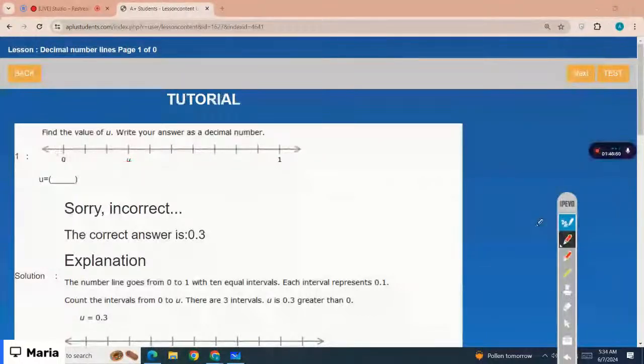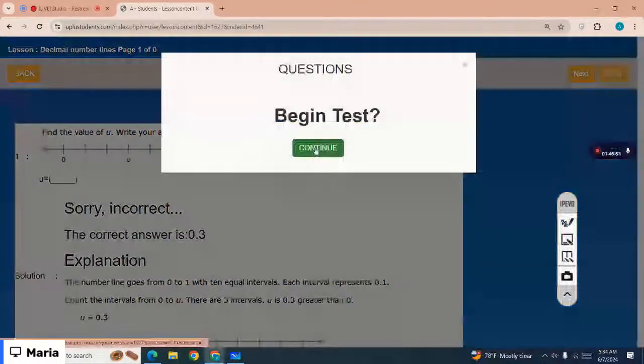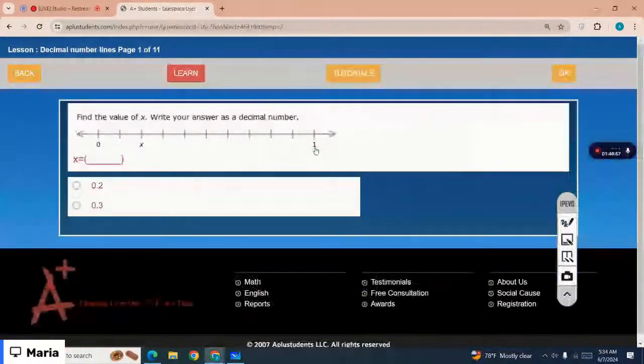Let's just start with the test questions. Find the value of x. Write your answer as a decimal number. So what is the value of x? That is 0.2.